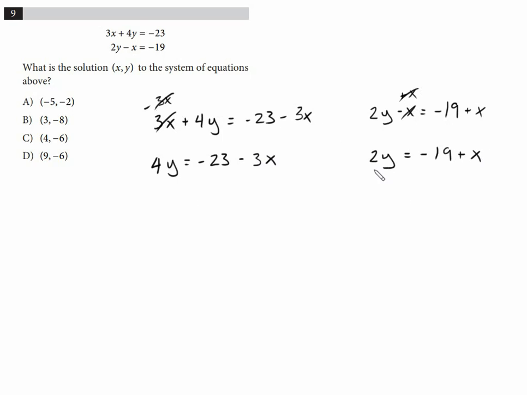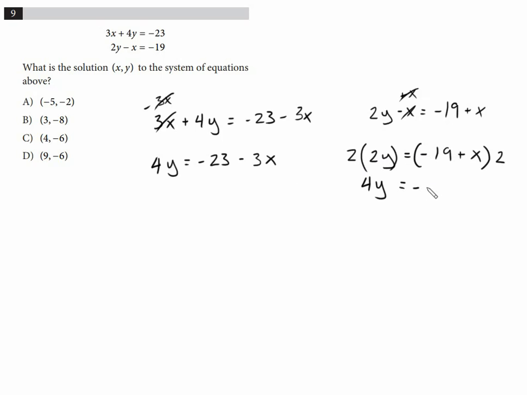Now you can see here, in order to eliminate the y, instead of dividing, I can multiply this side by 2. 2 times 2 gives me 4y. And if I do that, I multiply this entire expression by 2.